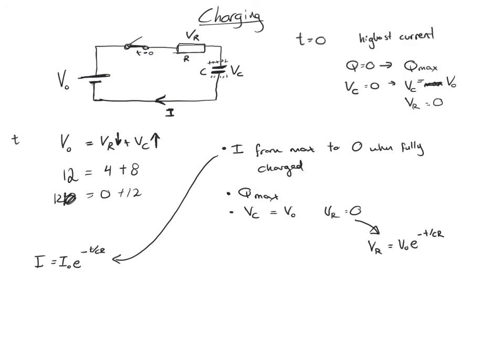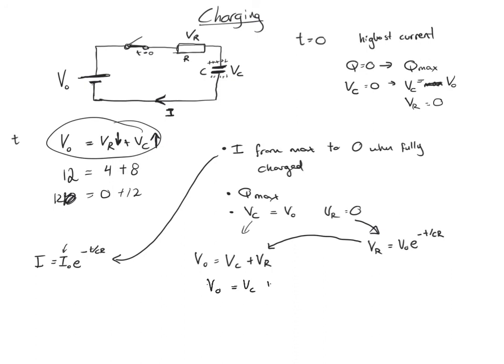V0 being the maximum value in this case, and I0 being the initial current that was really high in the circuit. And since we know that V0 is equal to VC plus VR, I will substitute this in there. So V0 is equal to VC plus V0 e to the minus t over CR.